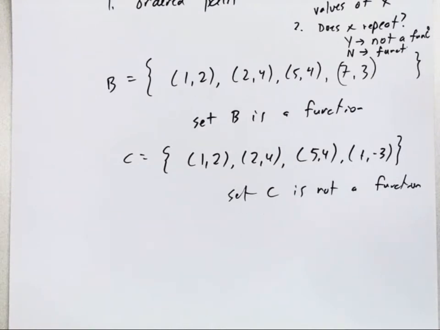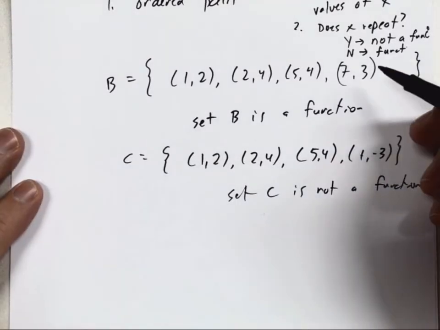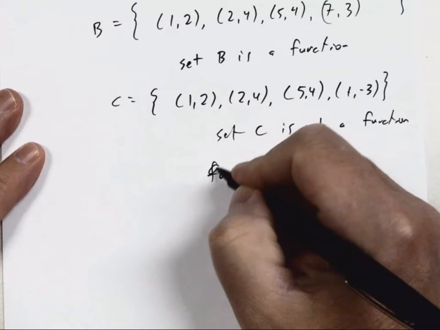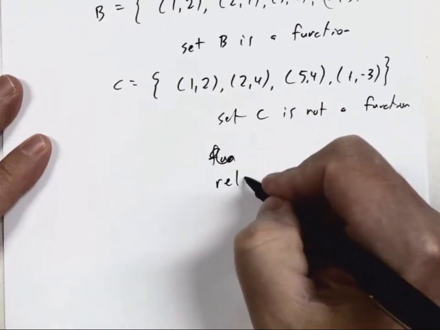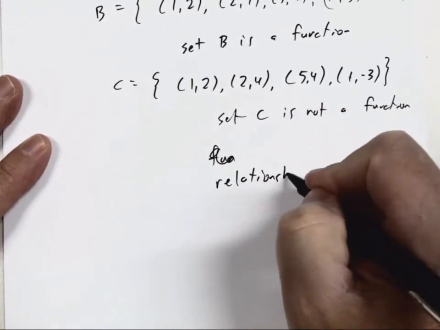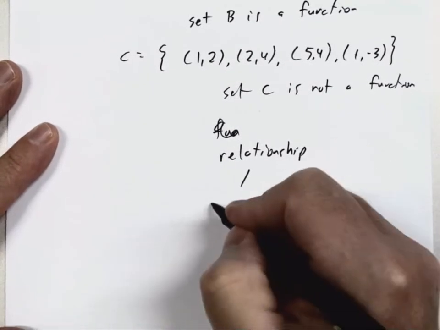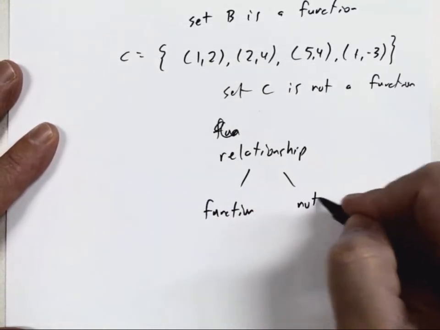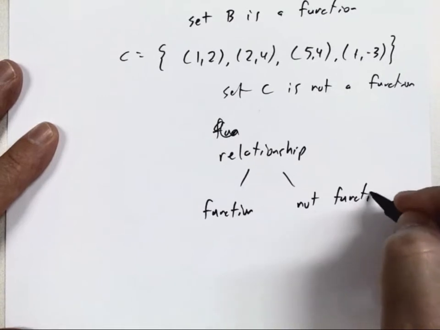Now let me go ahead. Once you determine whether something's a function, so here's the idea. You start with a relationship, and they're broken up. Some of them are functions, others are not a function.